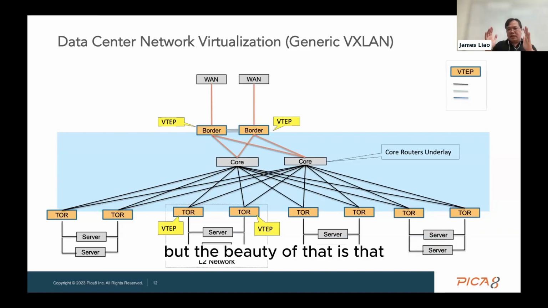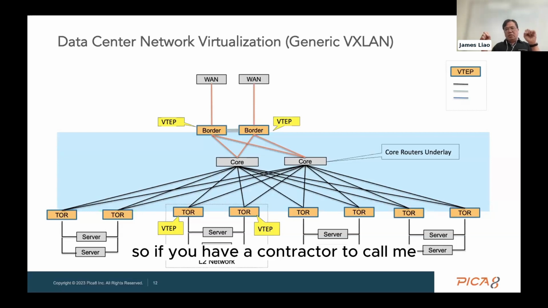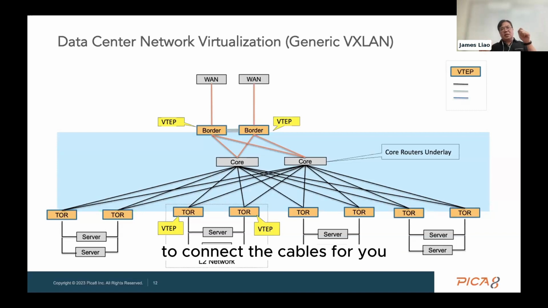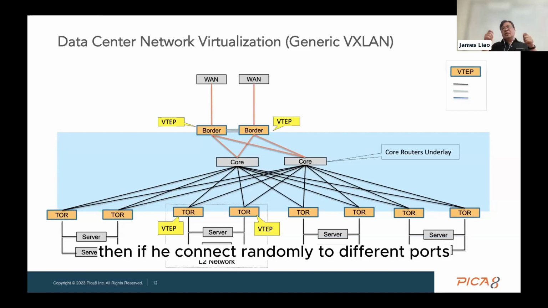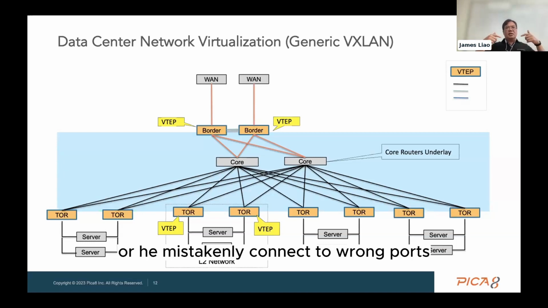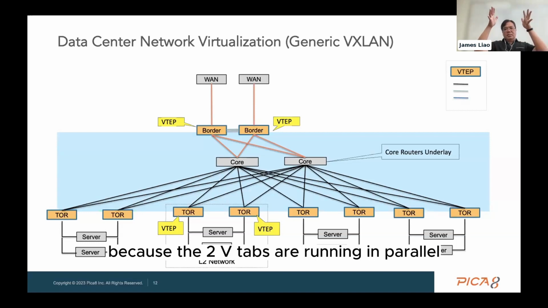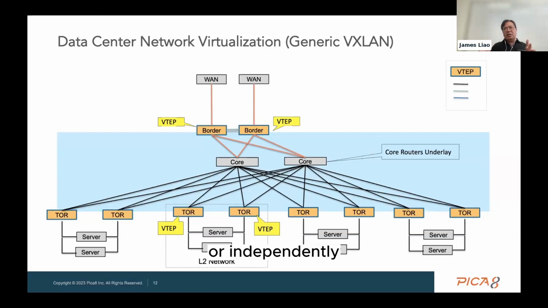But the beauty of that is that the ports are now independent. So if you have a contractor come in to connect the cables for you, and he connects randomly to different ports, or mistakenly connects to the wrong ports, because the 2 VTEPs are running independently, the network will continue to work.